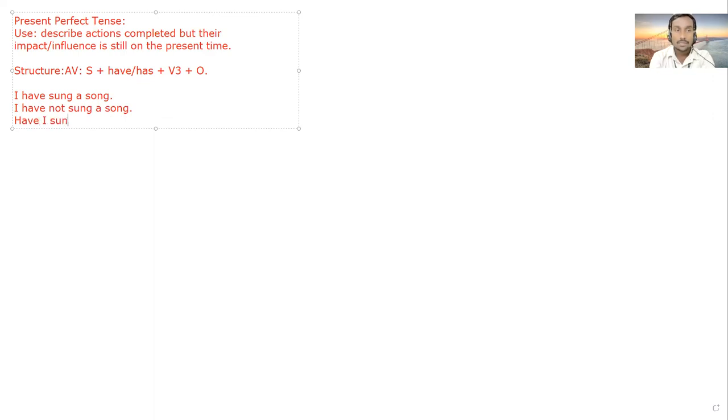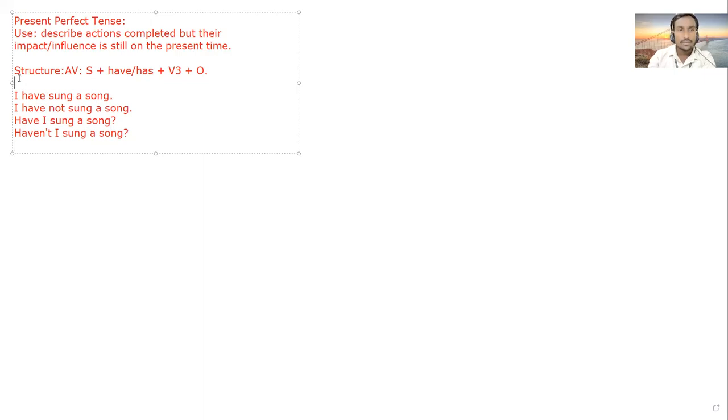Have I sung a song? And how to make it negative? Haven't I sung a song? So these became your four sentences in active voice.